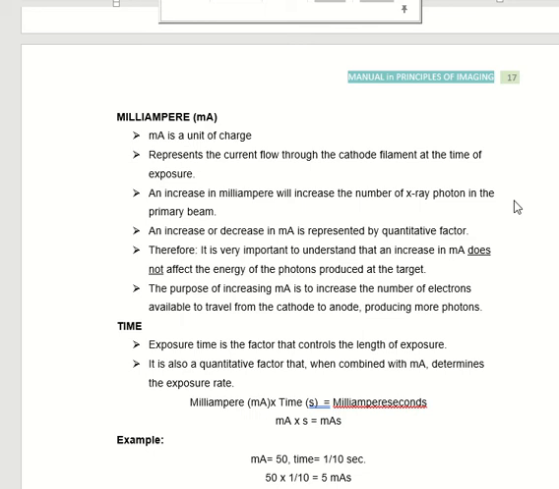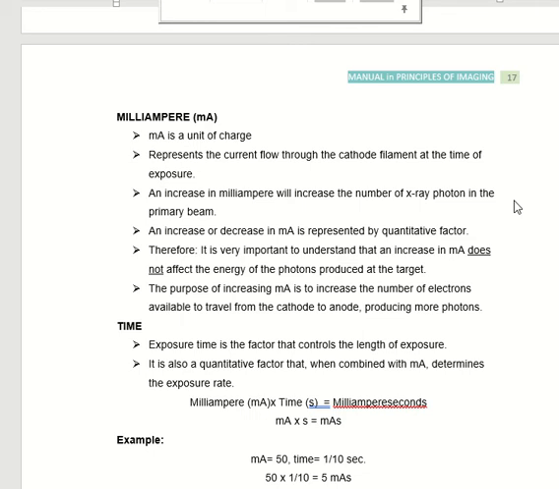So again, when we increase MAS, the number of electrons produced in our filament, in the cathode, will also increase, and the electrons produced from the filament will be transported to the anode. So the anode will convert the electrons into X-ray photons.